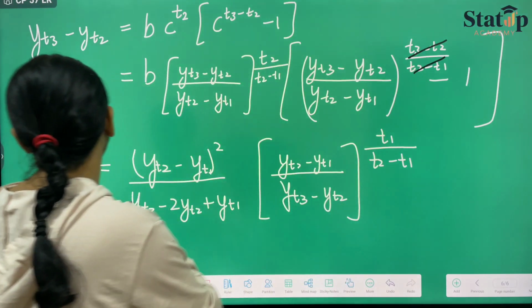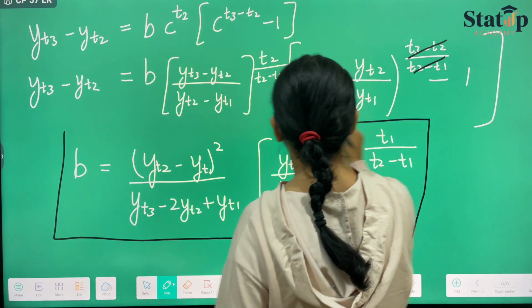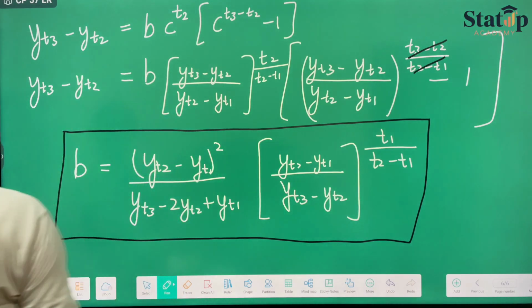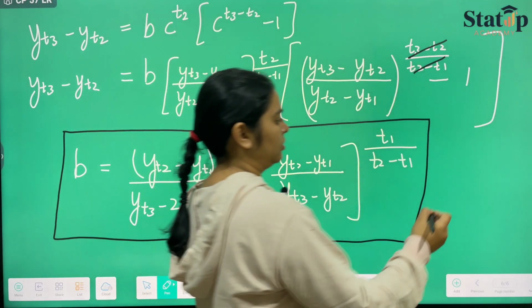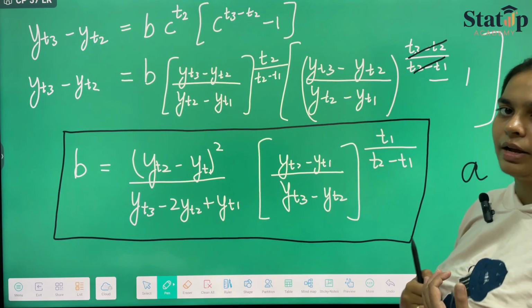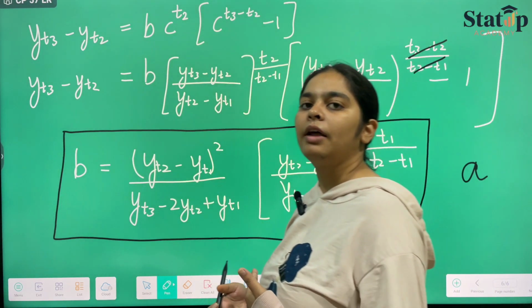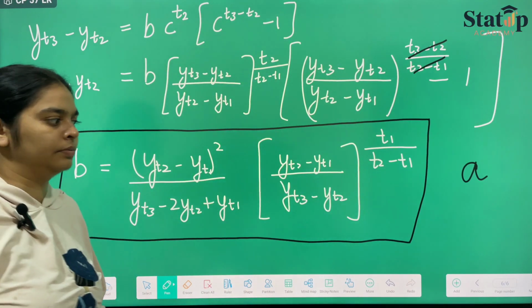So this is the value of B. And by putting the value of B and C in our first equation, in the equation of the curve, we'll get the value of A. So by this method, we'll get all three values A, B and C, and then we can fit the values with respect to T, and then we can find.